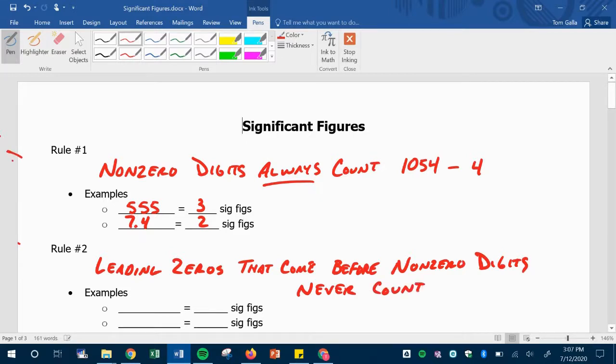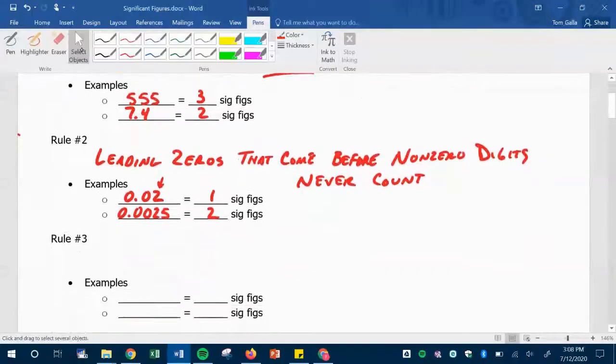And so what that means is, let's just say we're talking about something like 0.02. This only has 1 significant figure, the 2 being that one that's significant. So the first 2 zeros are not. And let's look at another one like 0.0025. This has 2 significant figures, being the 2 and the 5. So those first initial 3 zeros don't count. So these are our first 2 rules.